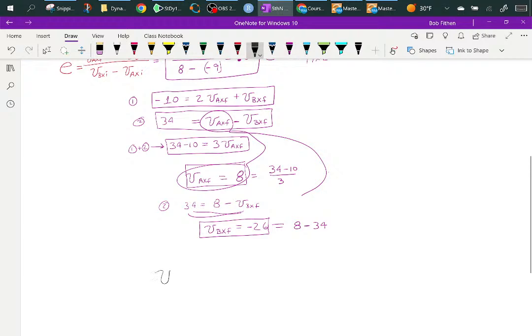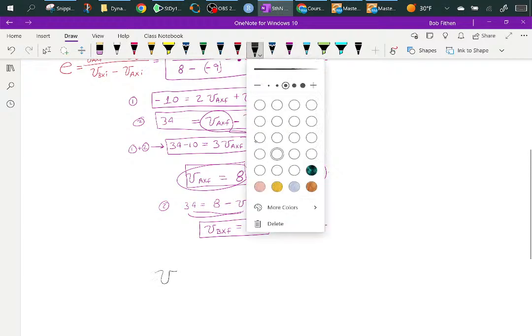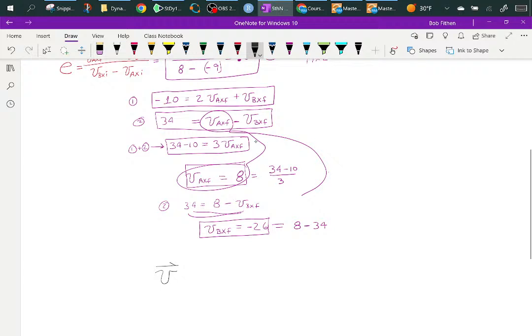VA final is equal to 8i plus something j. VB final is equal to minus 26i plus something j.